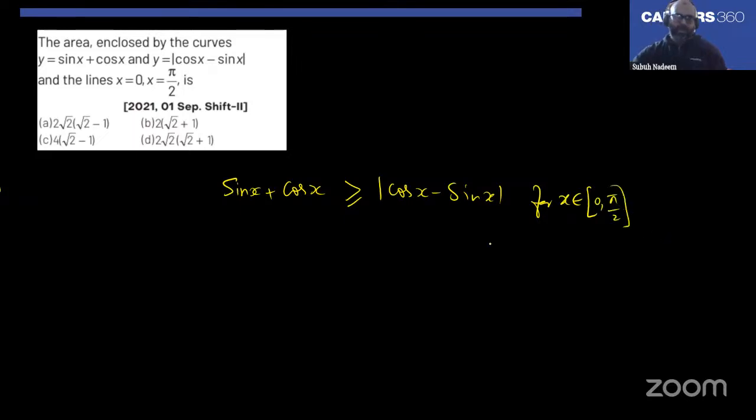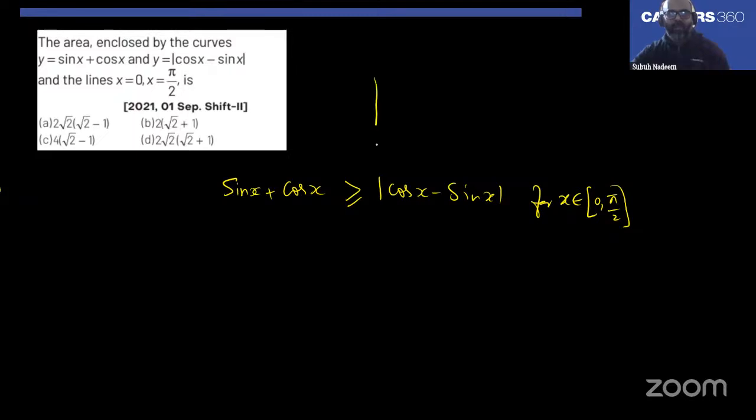This we can notice because in 0 to pi by 2 sin x is positive, cos x is also positive as it is the first quadrant. Since we are adding two positive numbers and here we are subtracting, the addition of two positive numbers will be greater than or equal to the subtraction. In some extreme case, it may become equal also, but it will never be less than mod of cos x minus sin x.